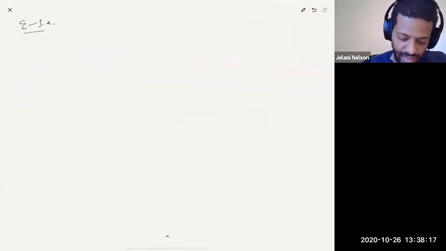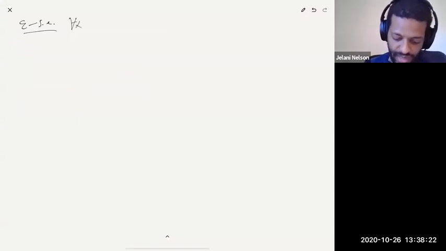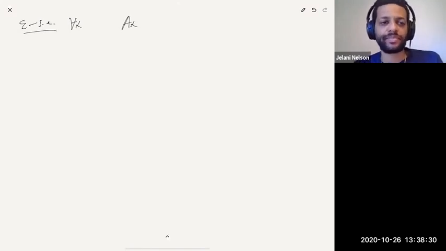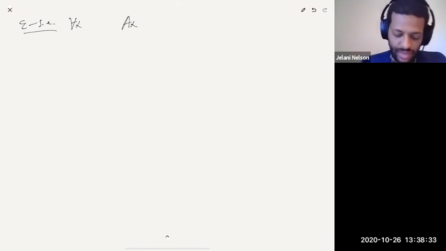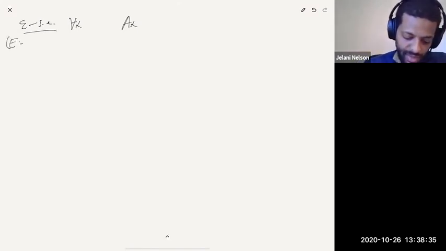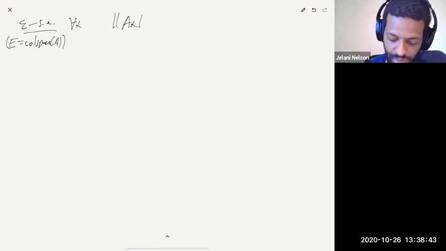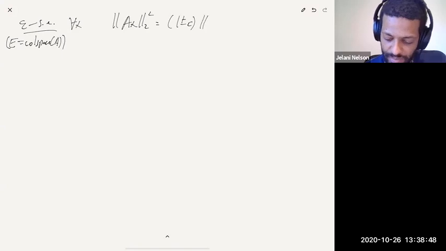So just remember the subspace embedding, an epsilon subspace embedding. What does that mean? It means, thinking of the subspace as the column space of an input matrix A, so let's say E is equal to the column space of A, that for all x, if you look at the L2 norm squared of Ax, it's 1 plus or minus epsilon times the L2 norm squared of pi Ax.